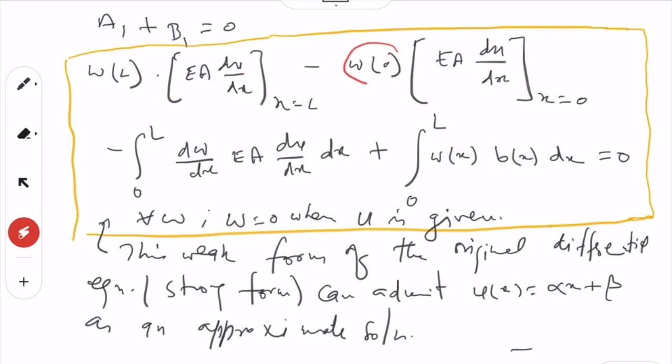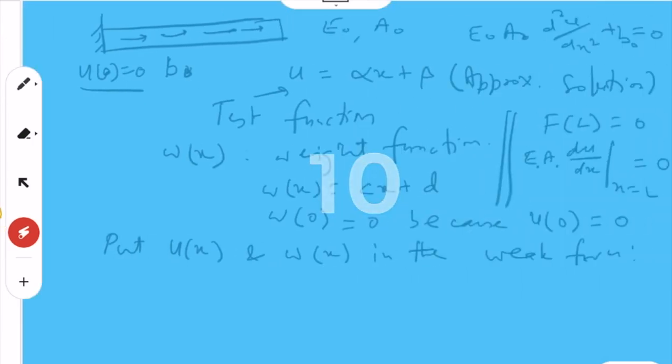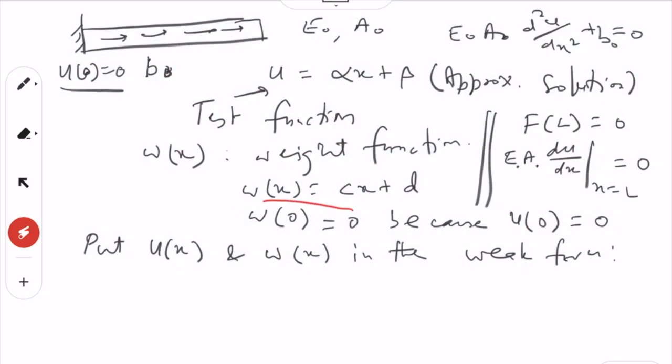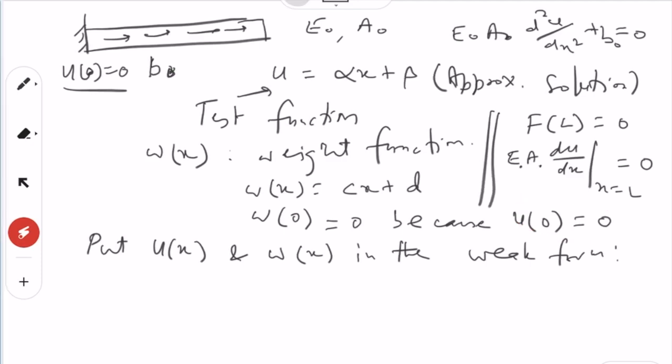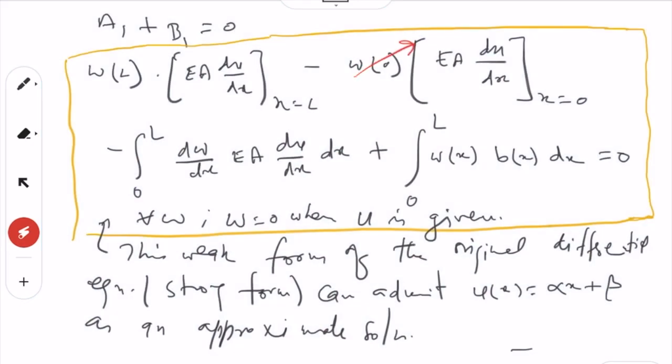Now W0, in the second term. We know that W0 equal to 0 because u at x equal to 0 is 0. Hence this term is also 0. So both terms become 0, and what we have now is just this and this.